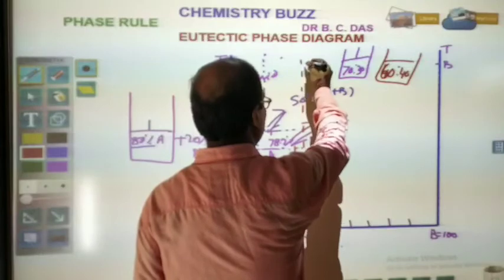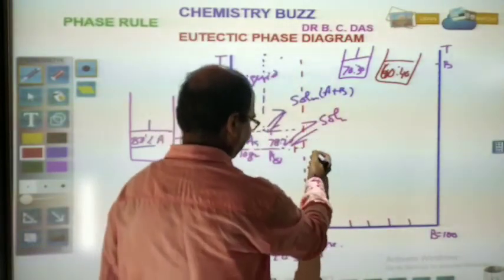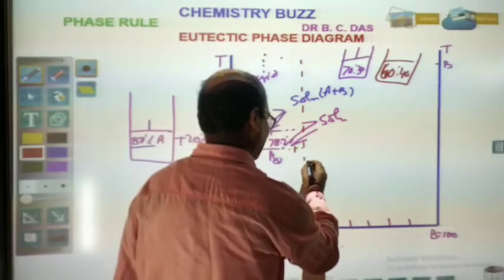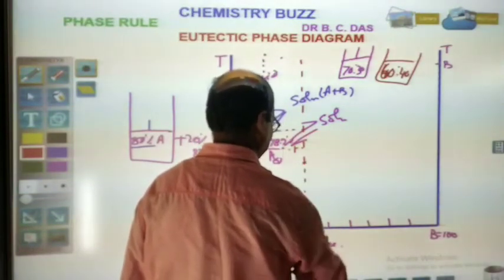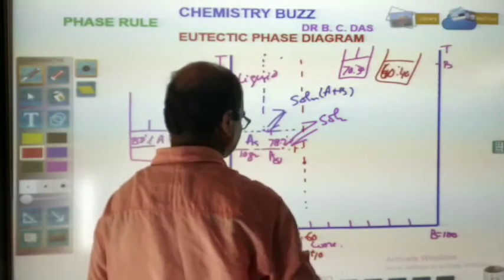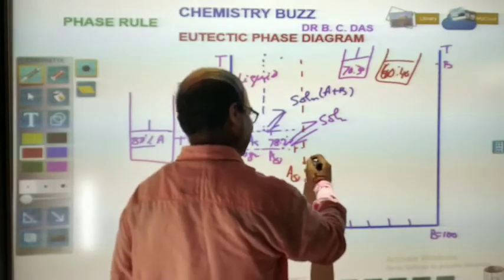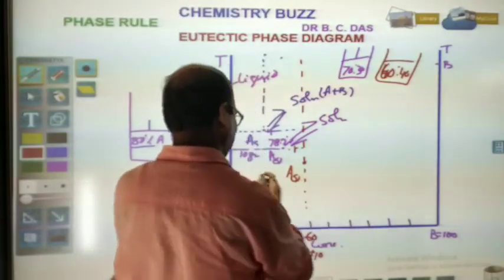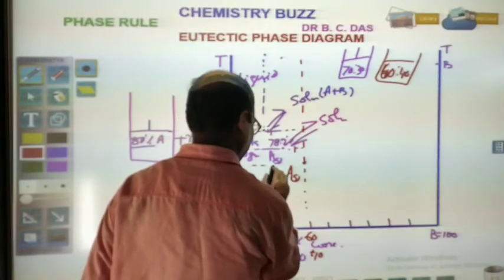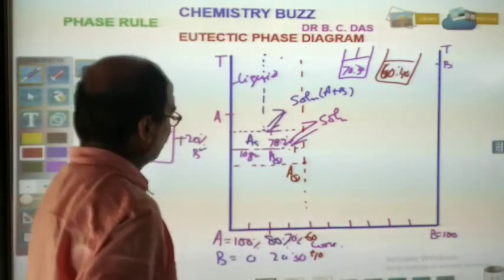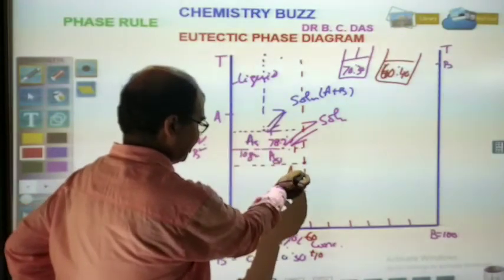And from the liquid phase, if we cool it, the first solid formation of A will be somewhere here. So here the solid A will separate and it will be in equilibrium with the solution, and the temperature corresponding will be this one.